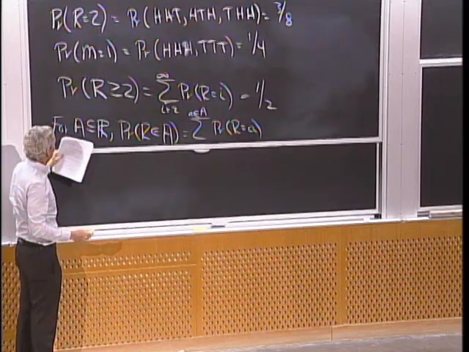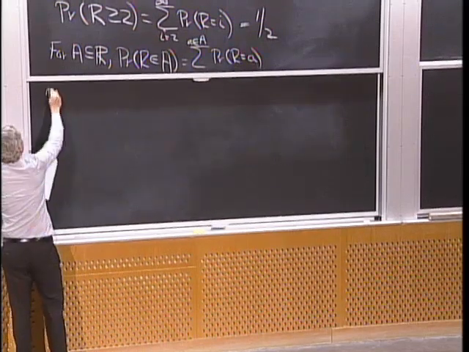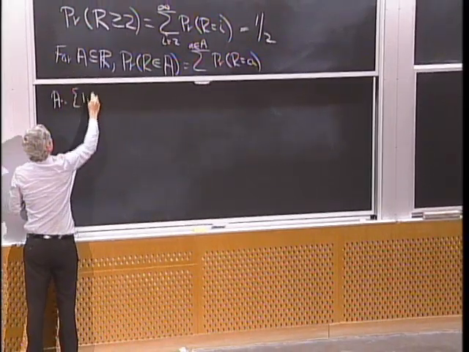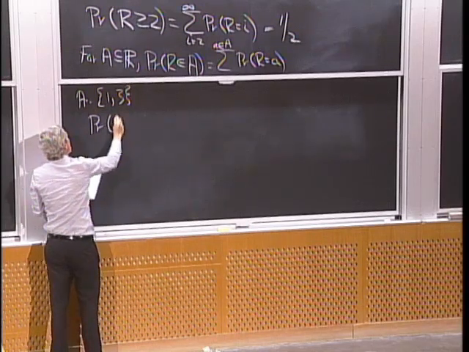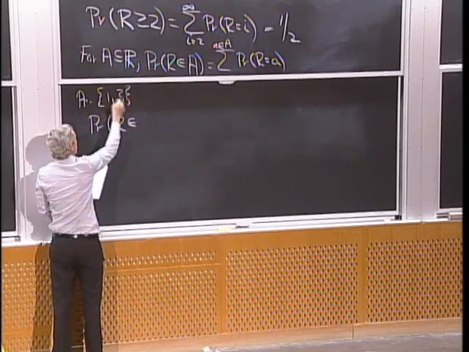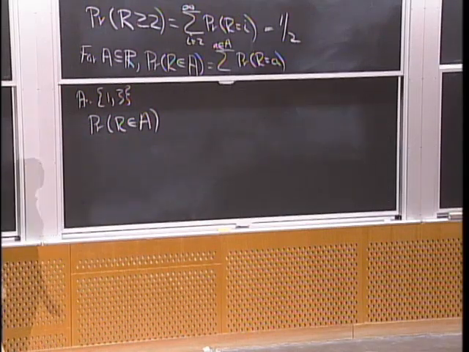Okay, so we could ask, say we take A being the set {1, 3}. I could ask for the probability R is in A when it's {1, 3}, which is the same as the probability R is odd, because R can only be 0, 1, 2, or 3.